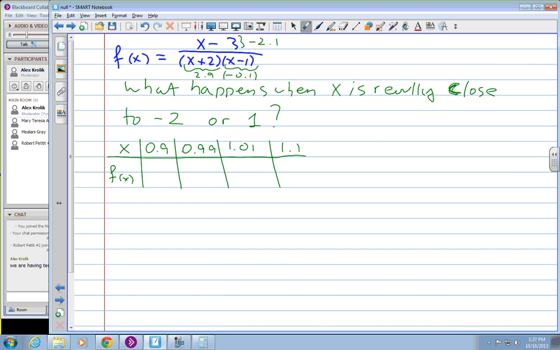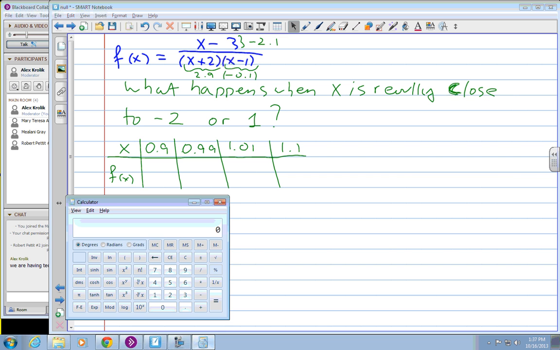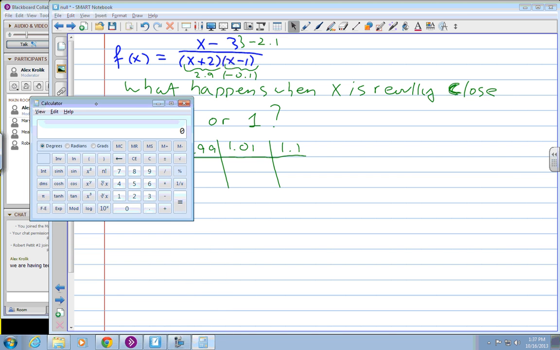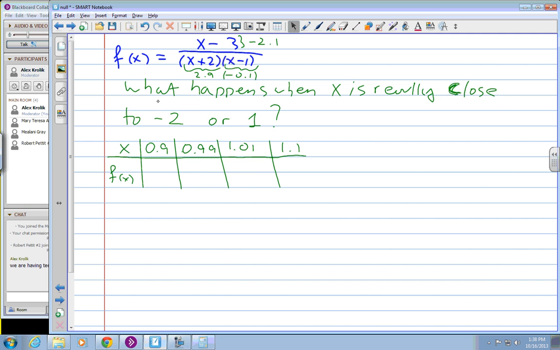So if I compute that, it is negative 2.1 divided by the product of 2.9 times negative 0.1. So just some weird number, positive 7.2, who cares, but a positive number. You agree with that? So we got something like 7.2-ish.